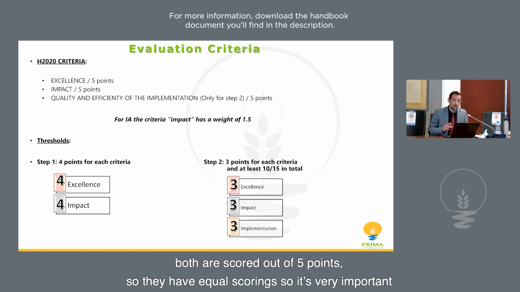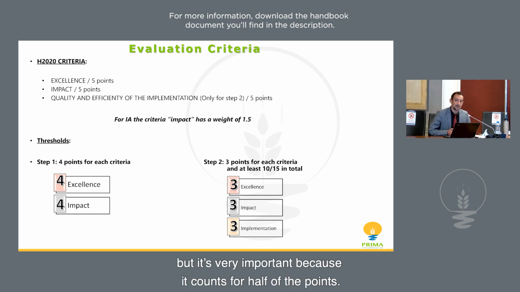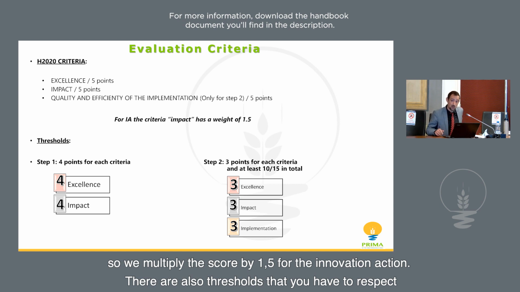So it's very important to take care of the impact section, which is mainly the one that is neglected by people, but it counts for half of the points. For innovation actions, the impact section is also very important because there is a weight of 1.5 for the score. So we multiply the score by 1.5 for innovation actions.